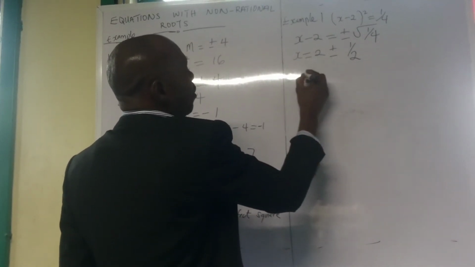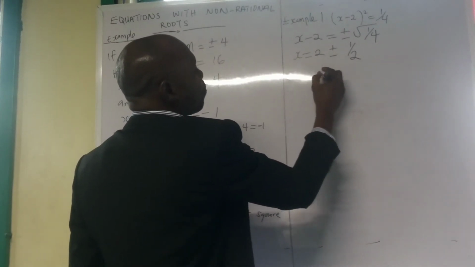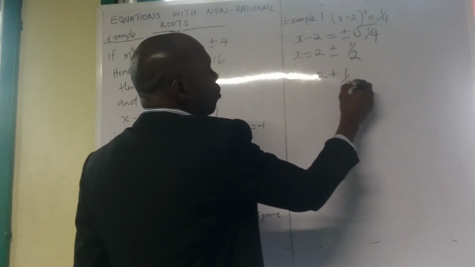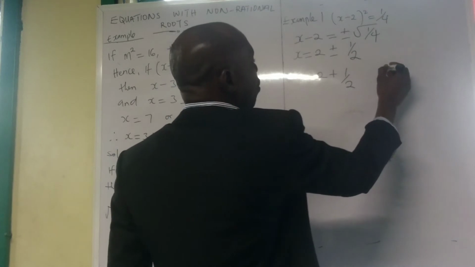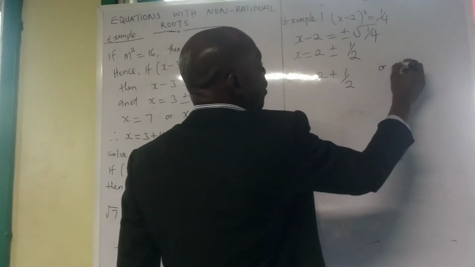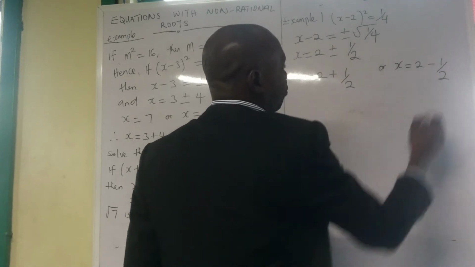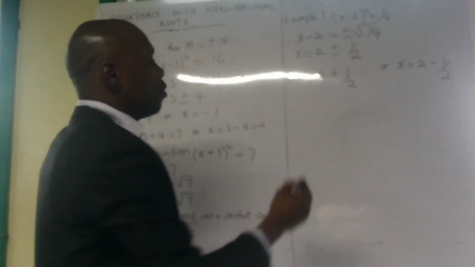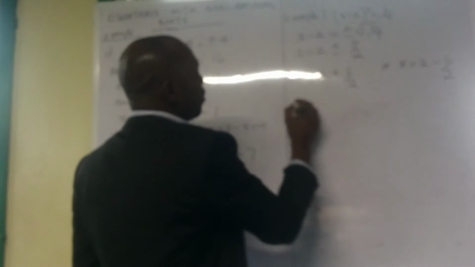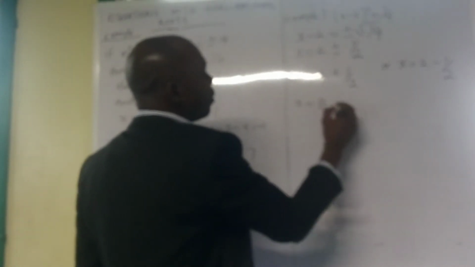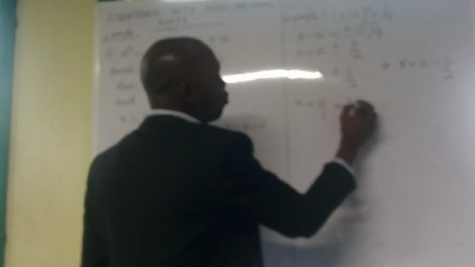Therefore we now expand it. Therefore x equals 2 plus 1 over 2, or x equals 2 minus 1 over 2. So from here we go further: x equals 2 over 1 plus 1 over 2.